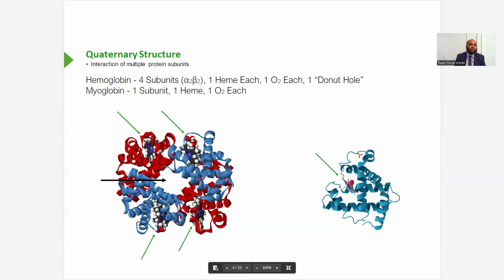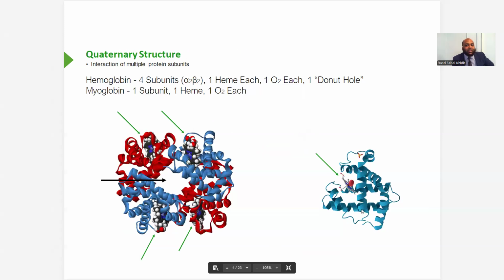Myoglobin is tertiary. Some people say it's one subunit. Yes, it's one subunit, but it's folded 3 times on itself. People think that since myoglobin has one subunit, it must be quaternary. No, the subunit is folded 3 times on itself.